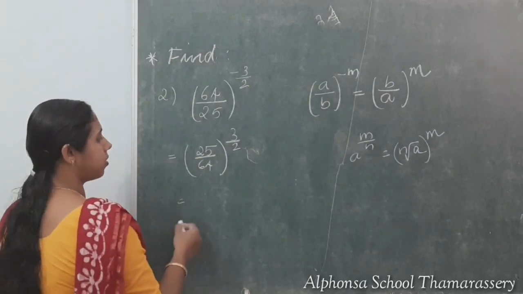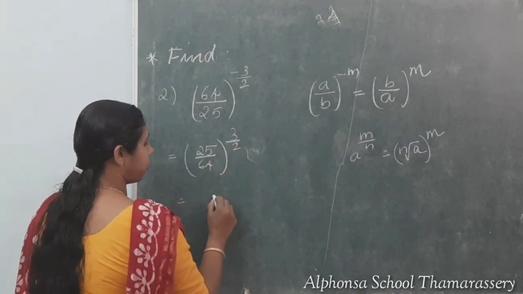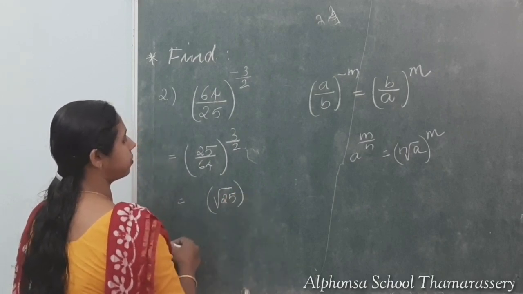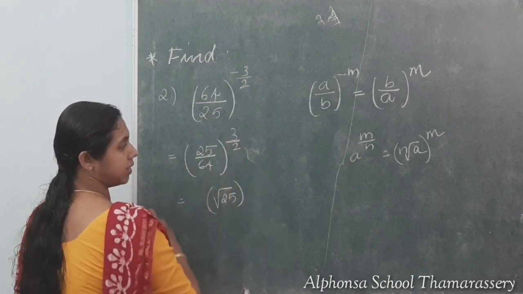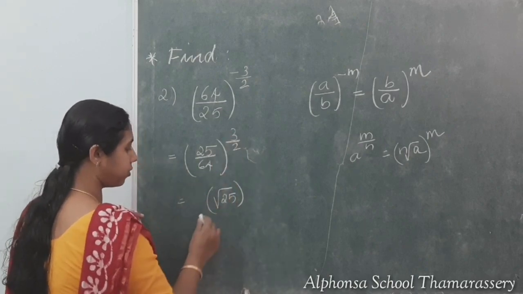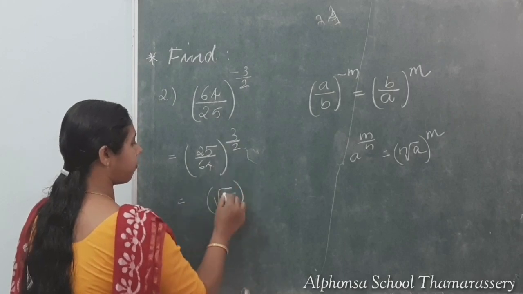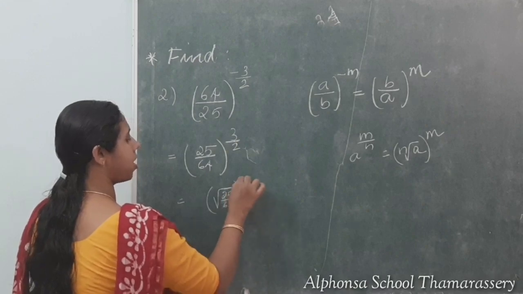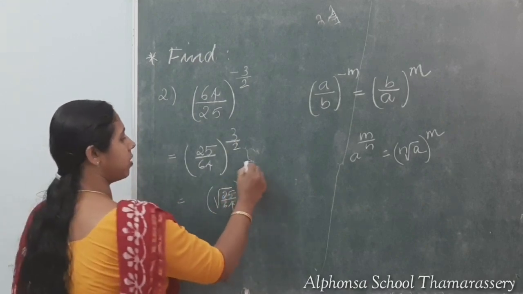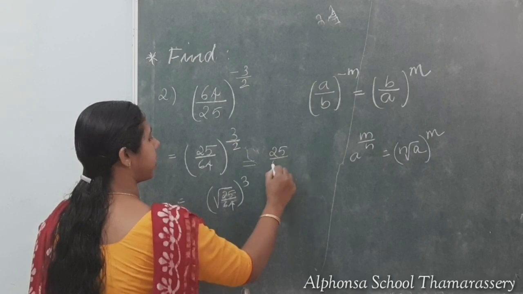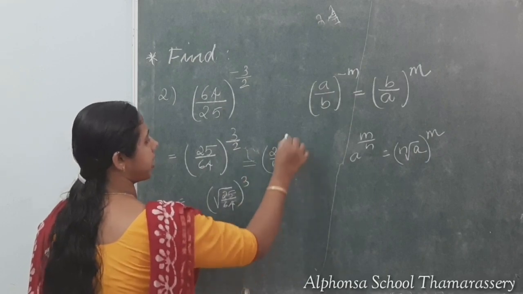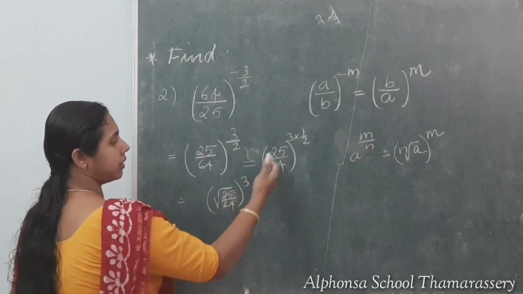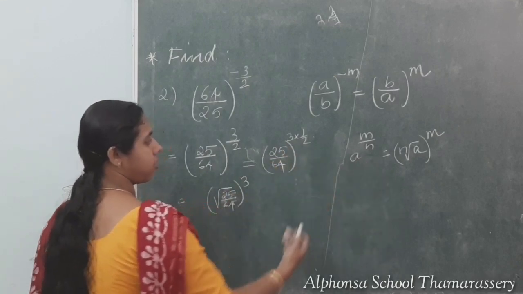So here it will be equal to square root of 25 by 64 whole raised to 3, because this will be equal to 25 by 64 whole raised to 3 into 1 by 2. So we rearranged using this law of exponents.